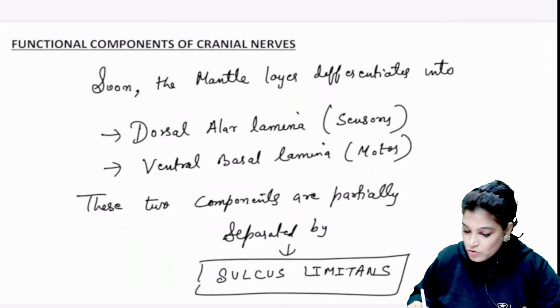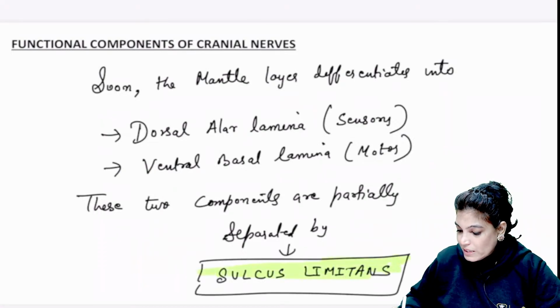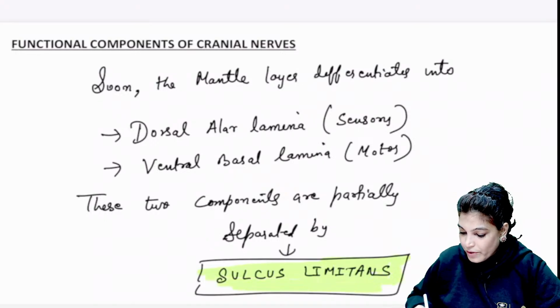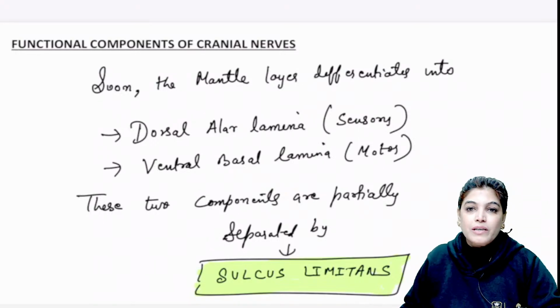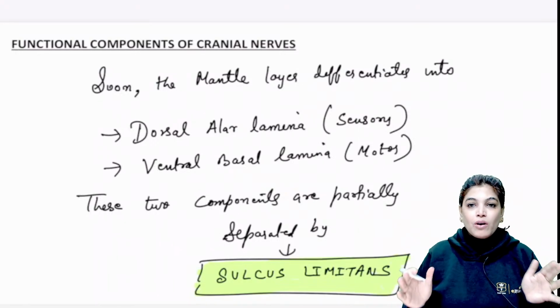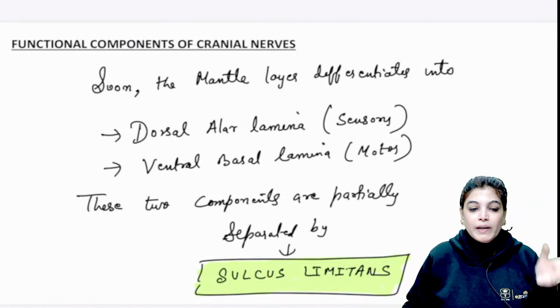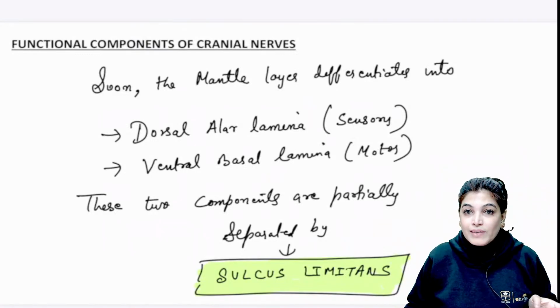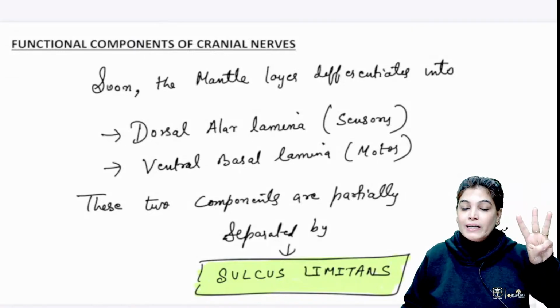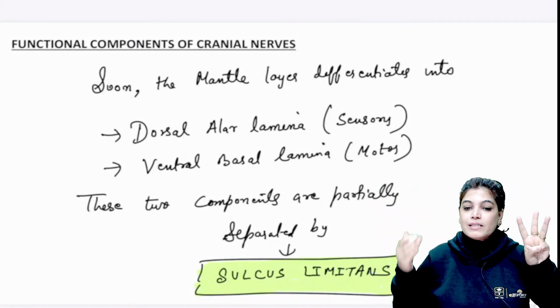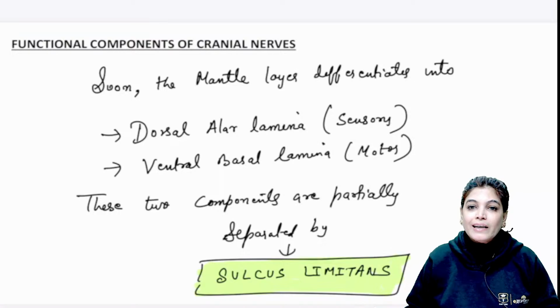Okay. For this topic, I will go slightly slow because I want everybody to understand the concept of cranial nerve nuclei and functional components. So till now, in the embryology part, during the early development of the neural tube, the walls of the neural tube were made of three layers, from inside to outside: the ependymal, the middle mantle layer and the outer marginal layer.